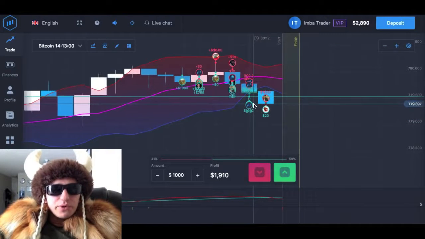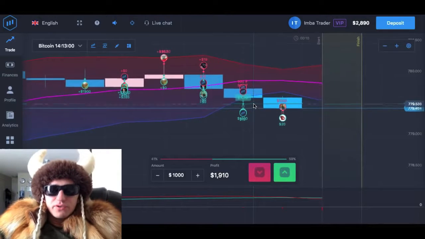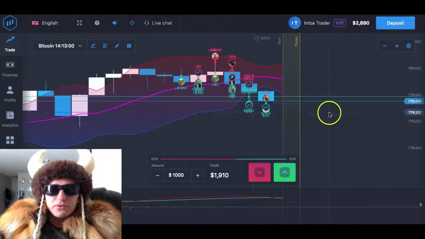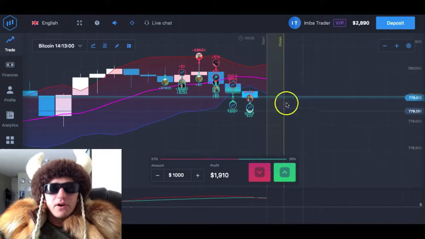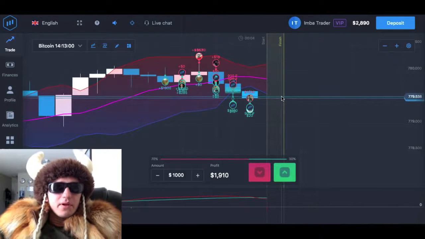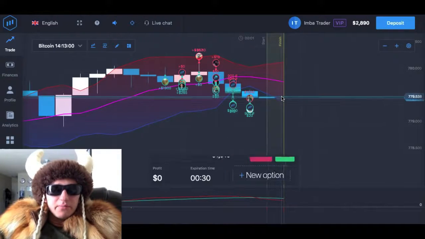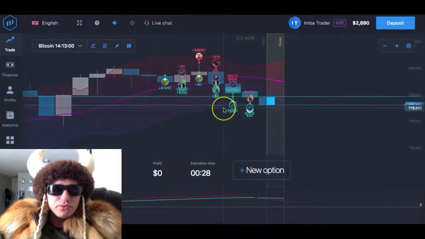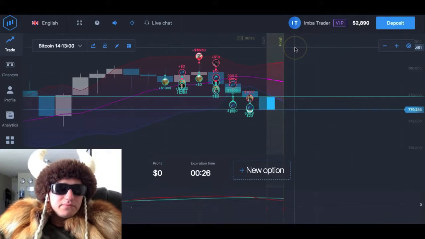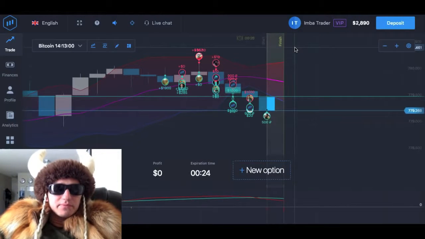It might happen that we lose again, but I'm pretty sure that we will be able to get all our investments back, because I managed to do this many times before.